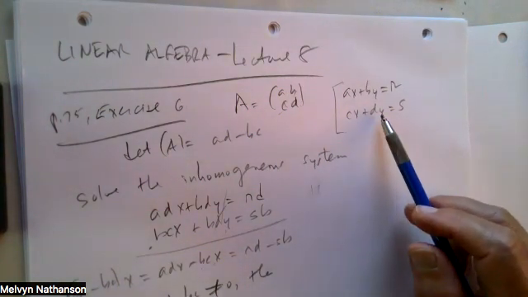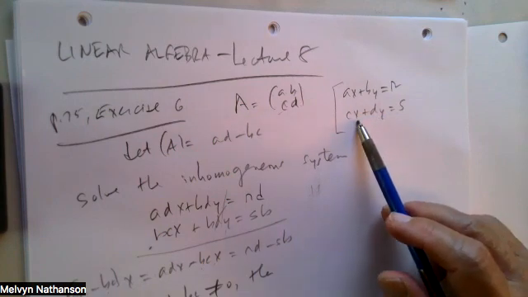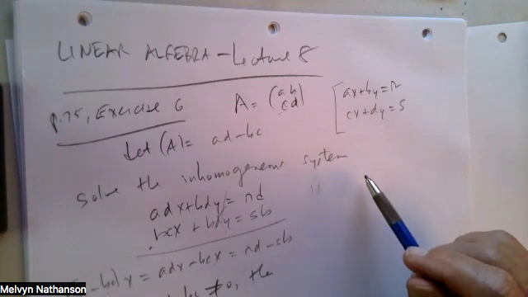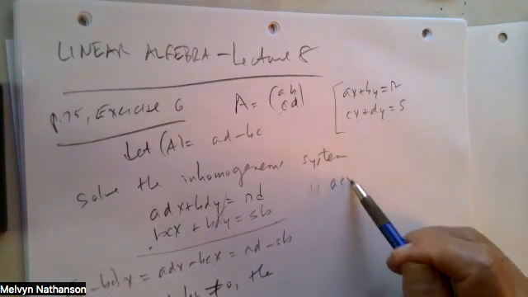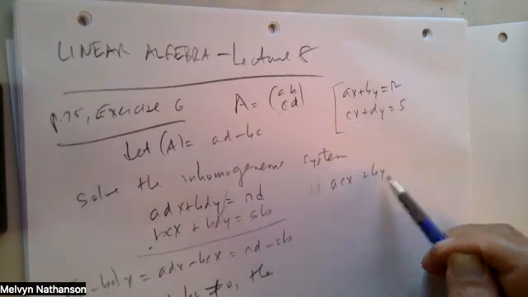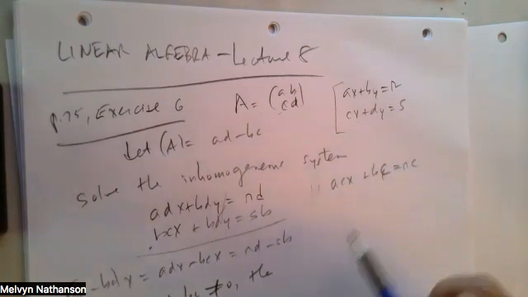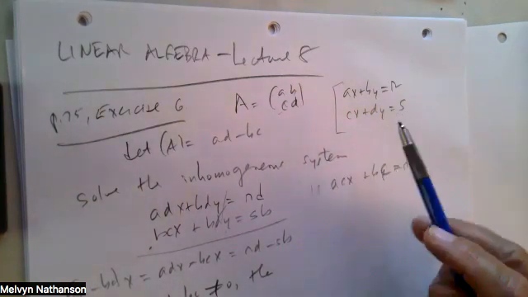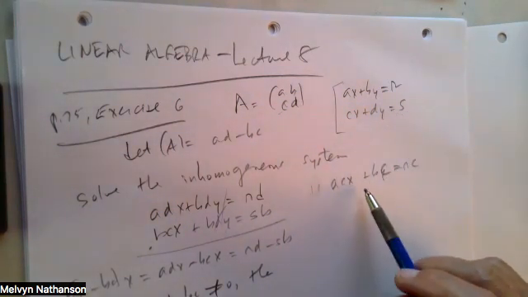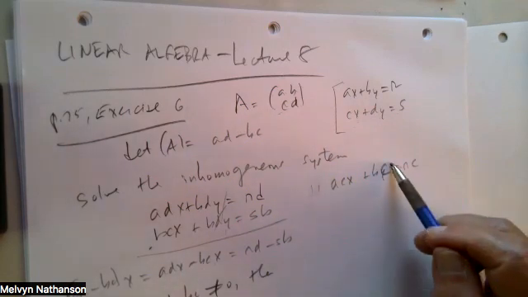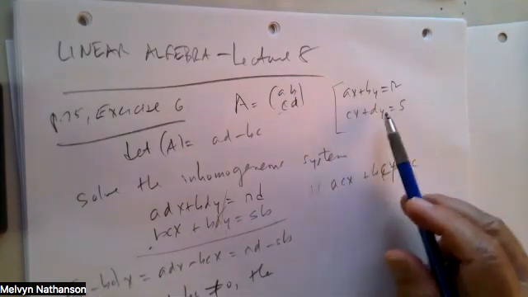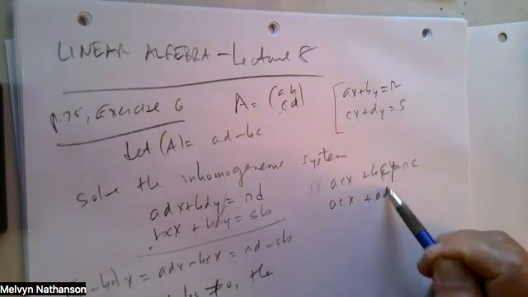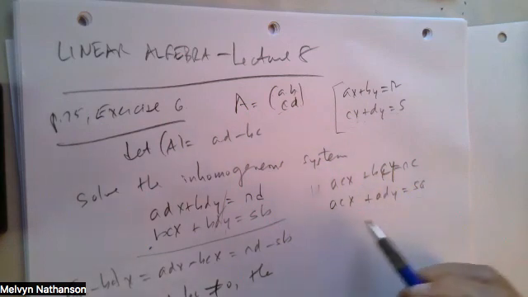Similarly, in these equations, if I want to eliminate the x, I can multiply the first equation by C. I get ACX plus BCY equals RC. I can multiply the second equation by A. I get ACX plus ADY equals SA.